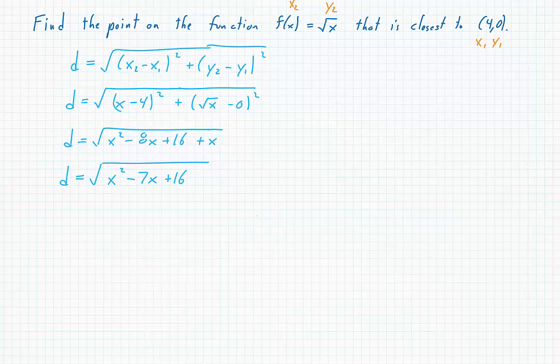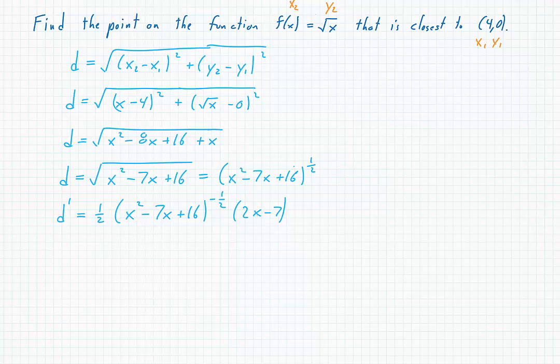So we want to take a derivative. We might want to think of this instead of being a square root as being something with a rational exponent. So we could rewrite this as (x squared minus 7x plus 16) to the 1/2 power. So d prime is going to be 1/2 times (x squared minus 7x plus 16) to the negative 1/2 times (2x minus 7).